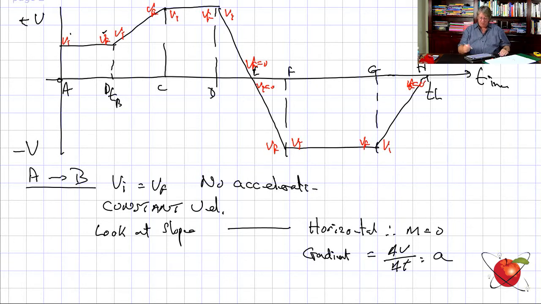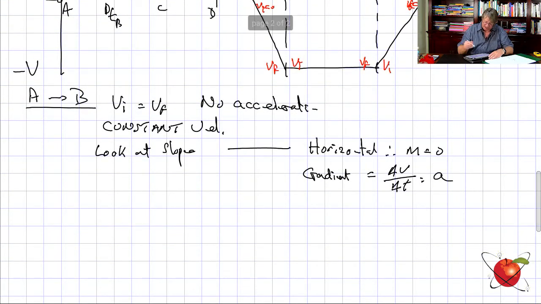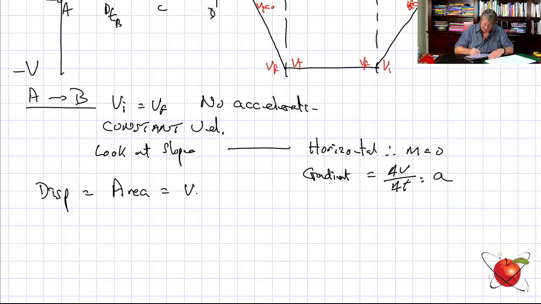What's the next thing I can say? Then I say, what is my displacement during that time? So from A to B, it's at constant velocity, there's no acceleration, and the displacement during that period of time is equal to the area, which in this case is a rectangle, so it's going to be VI times time.